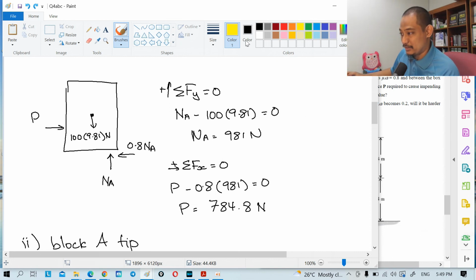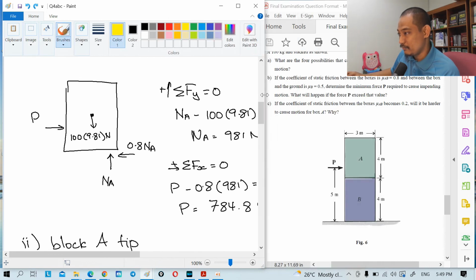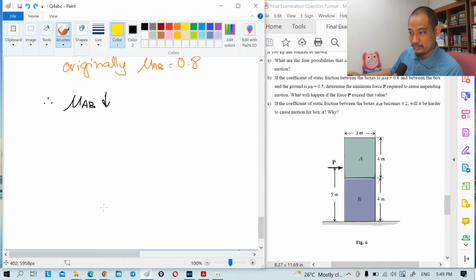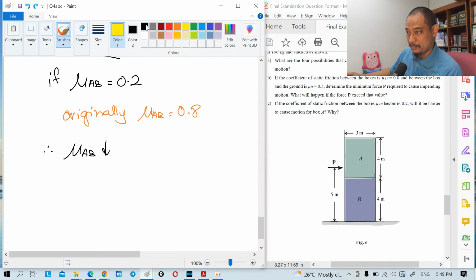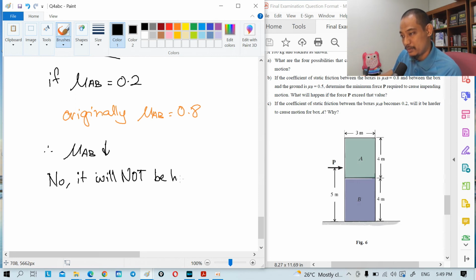So the question says, will it be harder to move? So no, it will not be harder to cause motion for box A.